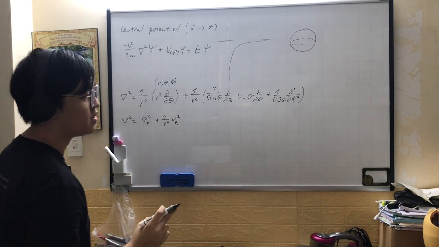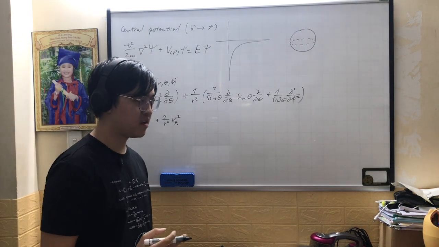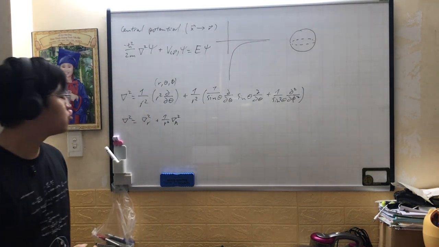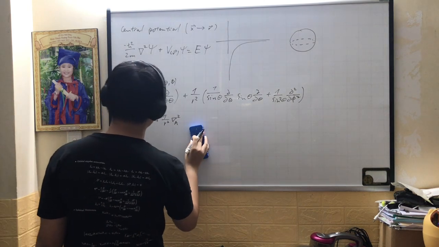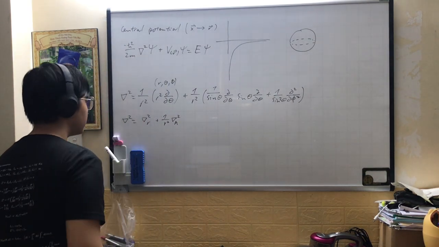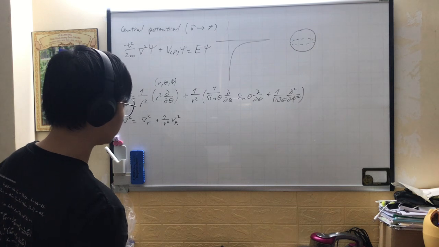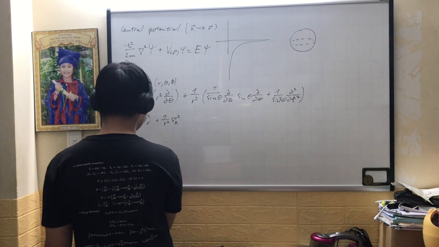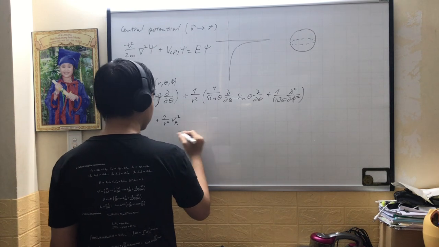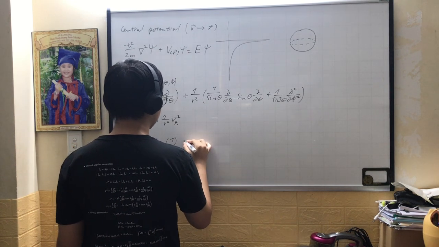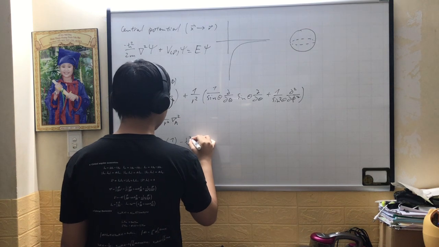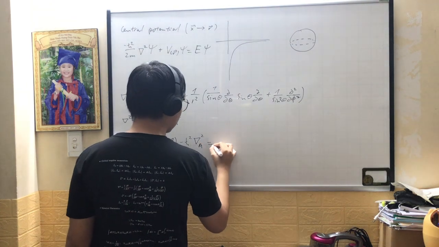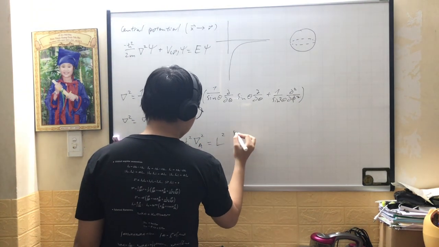And when talking about the spherical central potential, you're going to have two facts that you might want to note down. The first one is minus h bar squared times the angular part of the Laplacian, which would equal L squared.